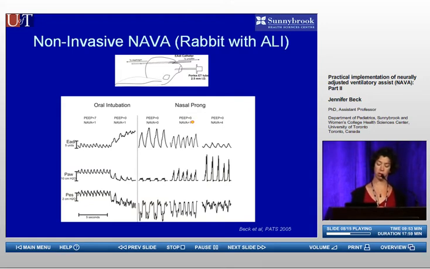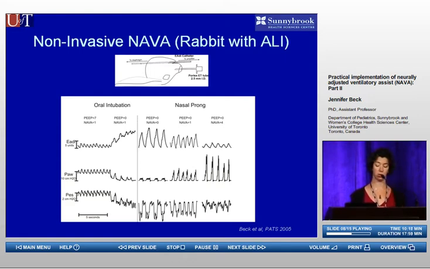Then we increased the NAVA level a little bit, and after a few breaths the diaphragm electrical activity went down, so the respiratory drive decreased. Still, we see no tonic activity. The assist is being delivered in synchrony and in proportion to the diaphragm electrical activity. And I need to remind you again, this is with one single nasal prong.